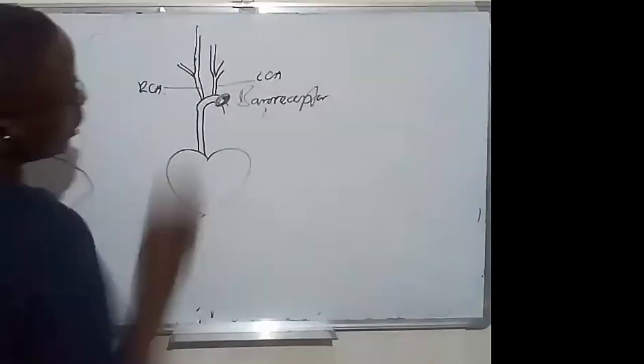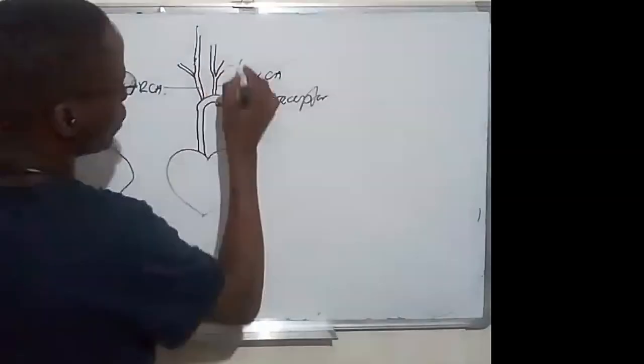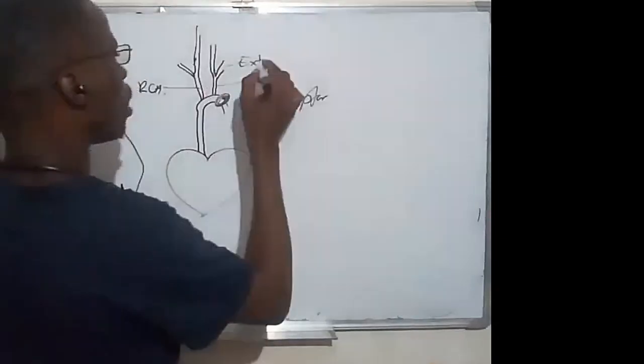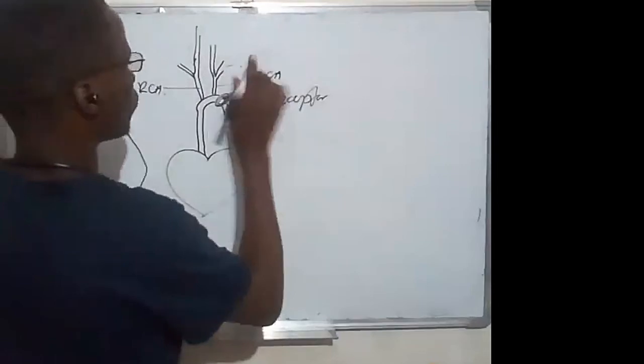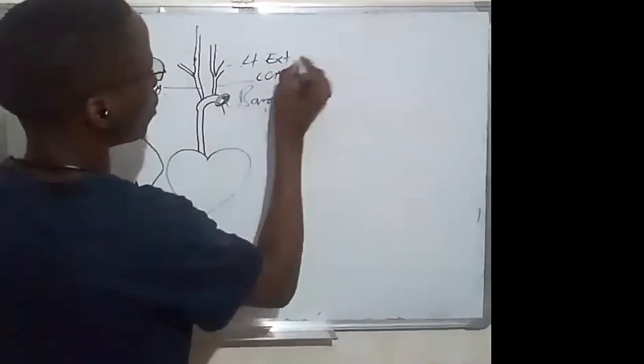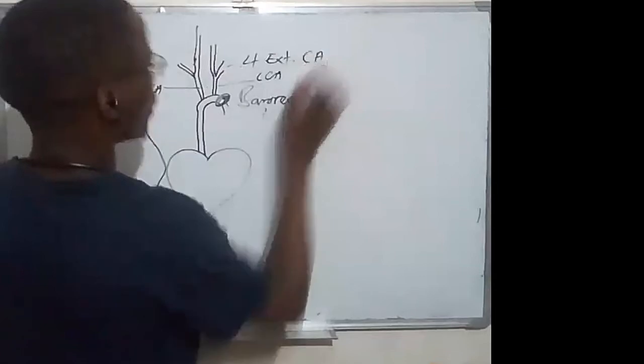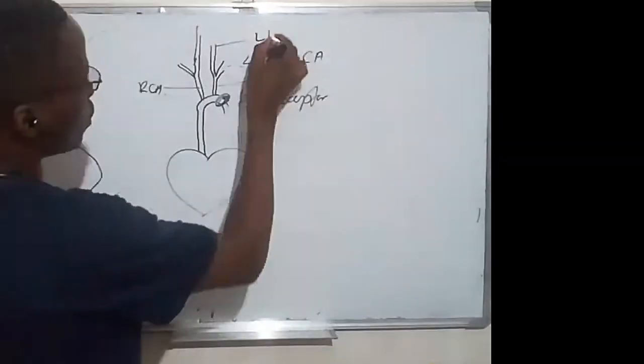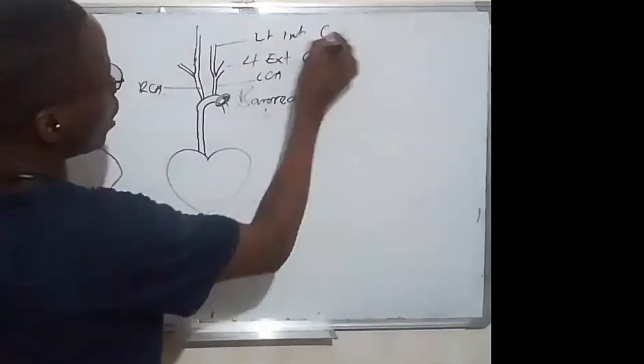Then here it branches off. We have the left external carotid artery. Then we have the left internal carotid artery.